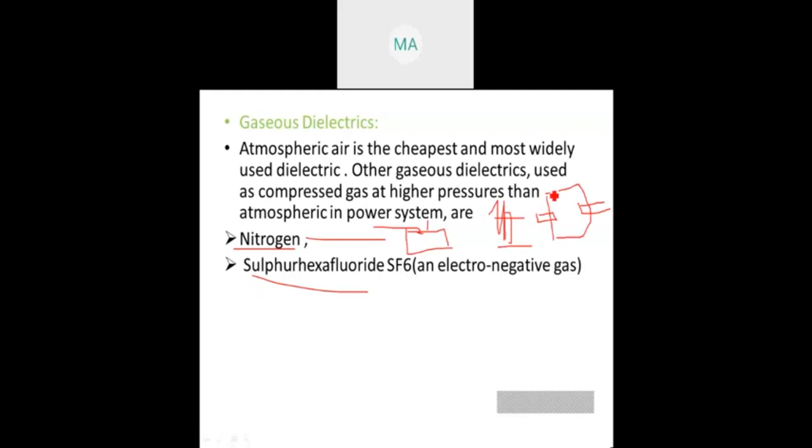In the circuit breaker, an arc is produced while separating the two contacts.